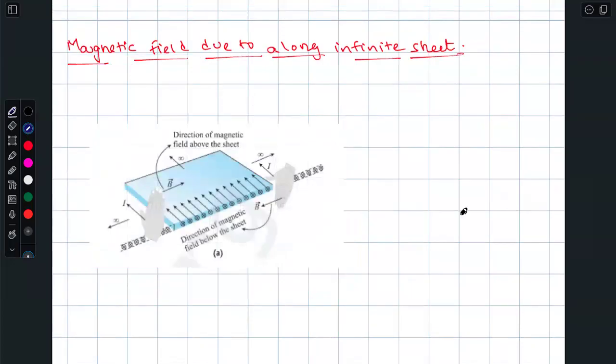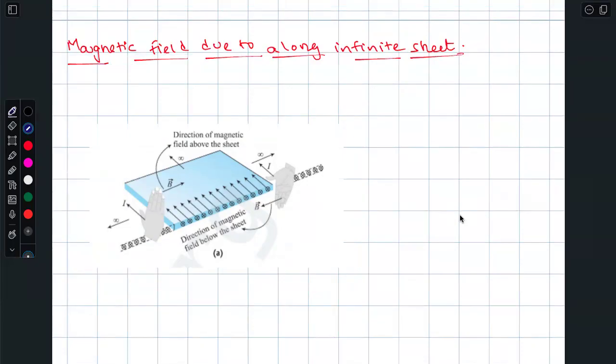It's a sheet where current is flowing in the direction shown. It's a sheet like that. Actually, such infinite sheets will give us uniform magnetic fields.